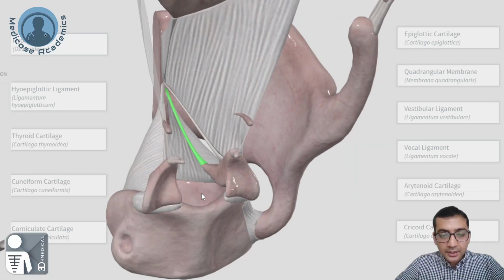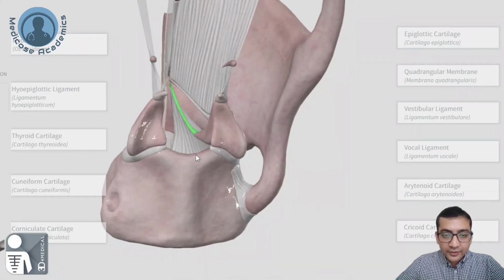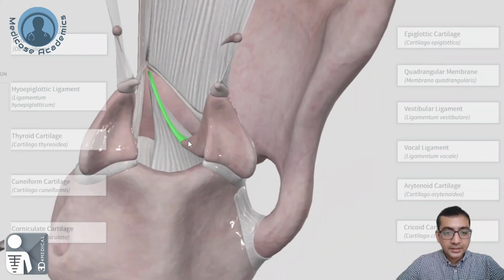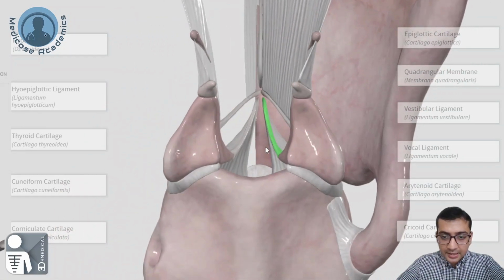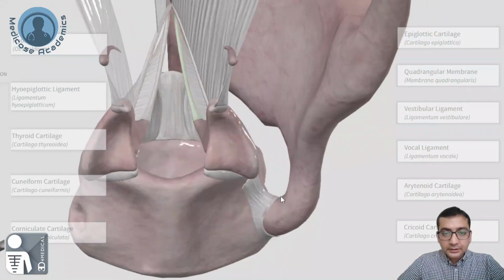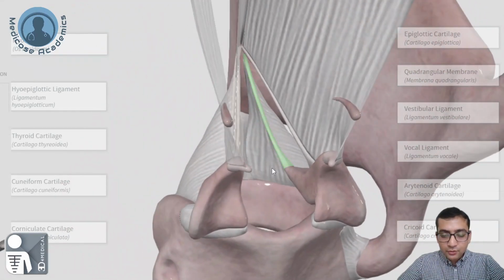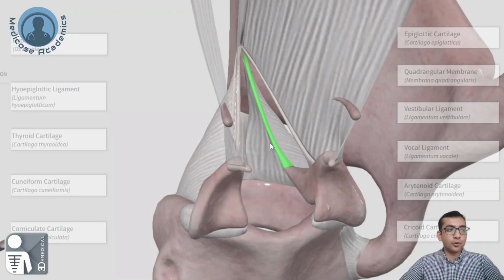And you may have guessed it by now, the upper free margin of this membrane that is running between the thyroid cartilage anteriorly and the anterior vocal process of the arytenoid cartilage, this is the vocal ligament. This is the vocal cord. This is what is producing my sound right now.